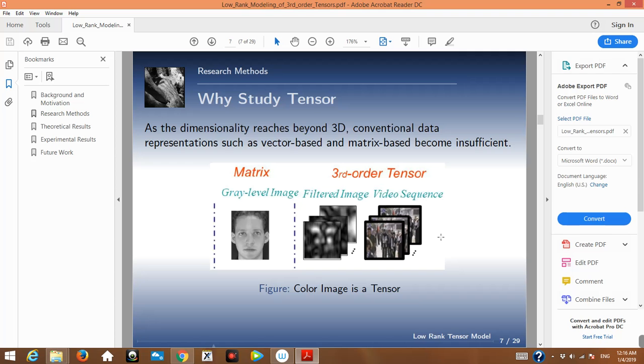If we store this video sequence in a matrix, we will lose some very useful information. This means as the dimension of a dataset goes beyond 3 dimensions, conventional data representation as a matrix or a vector becomes insufficient.